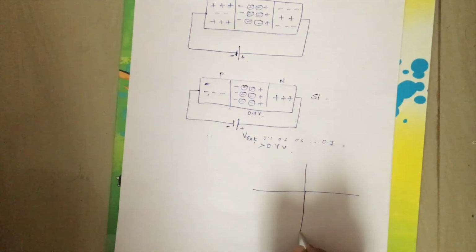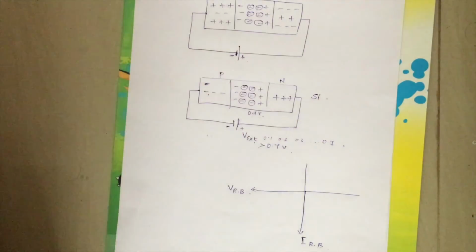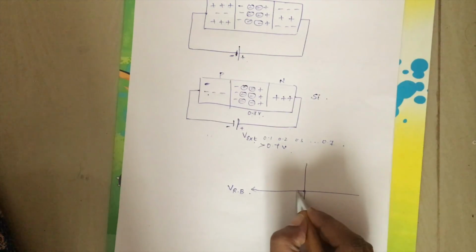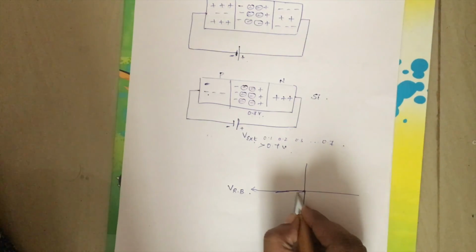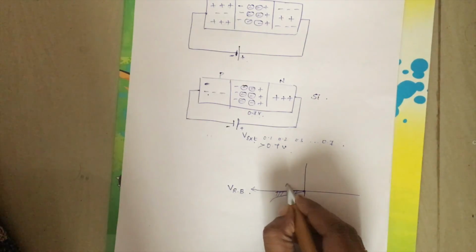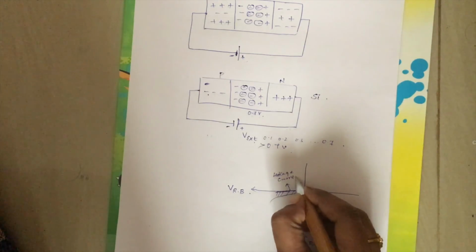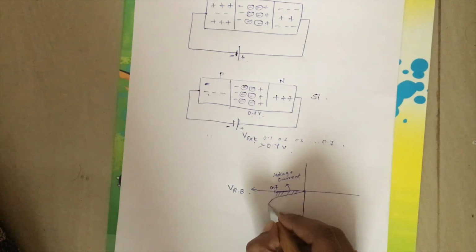So we are plotting it in reverse bias condition. Now what happens is that when you are increasing the voltage till 0.7 volt, only a small amount of current flows. This small amount of current is called leakage current, and once it reaches 0.7 volt, the current will flow.